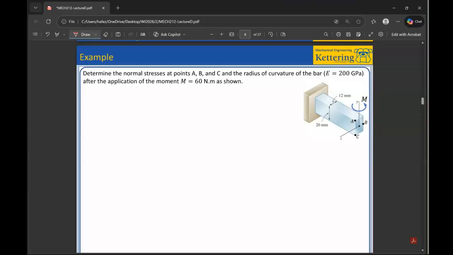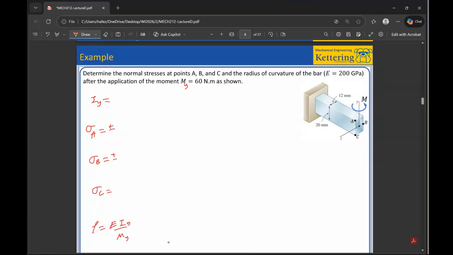All right, so the only thing that changed is the bending axis. We see that it's curling about y, so really it's about y. So we need I_Y calculation, sigma A, sigma B, sigma C, and rho. That was EI about M, but we know that's about Y this time.